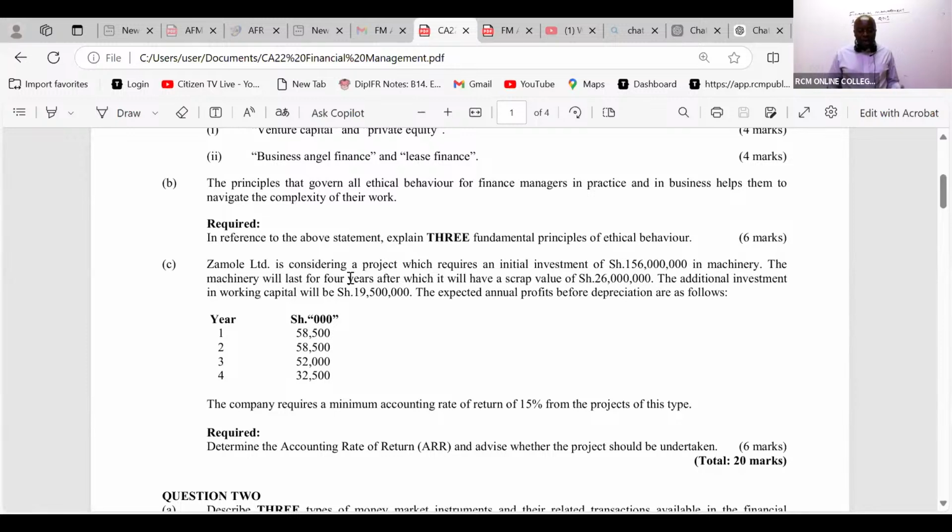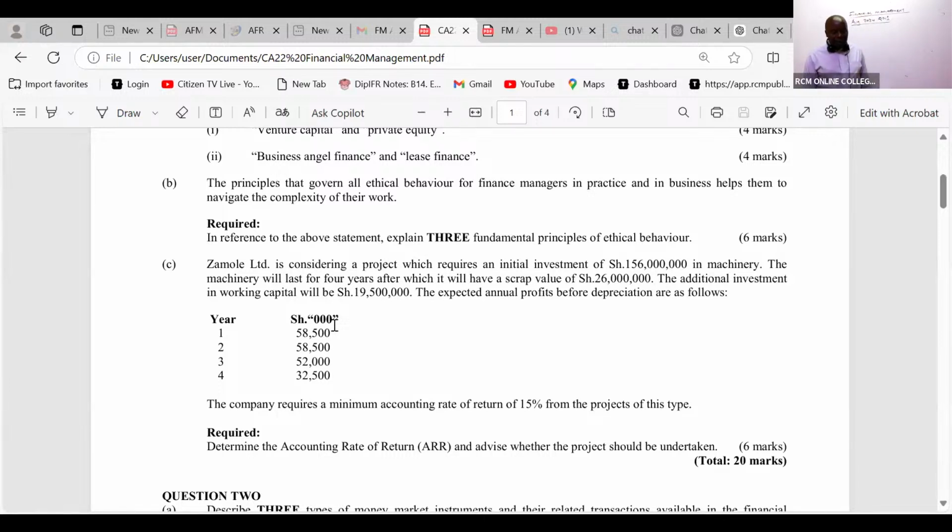The machinery will last for 4 years, after which it will have a scrap value of 26 million. The additional investment in working capital will be 19.5 million. The expected annual profit before depreciation and tax are as follows, year 1, 2, all the way to 4.